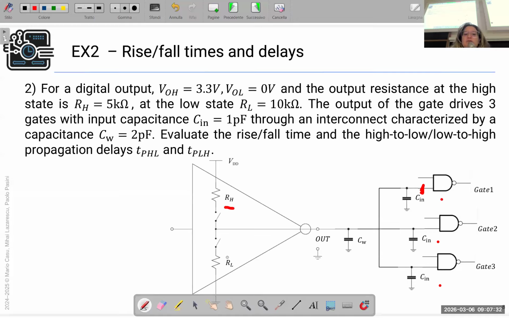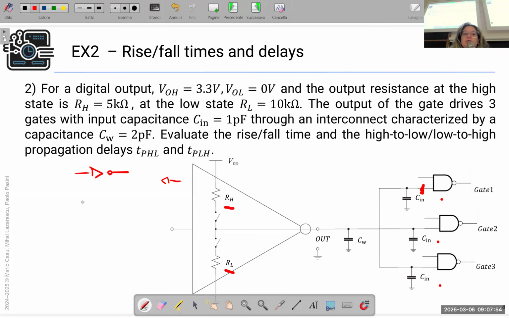These two resistances, it is clear why they are here, because we should imagine that if this is an inverter, which is the representation of the inverter with the PMOS and NMOS?